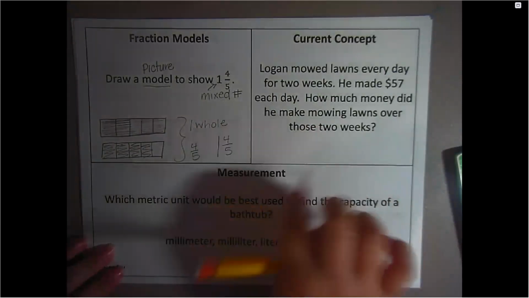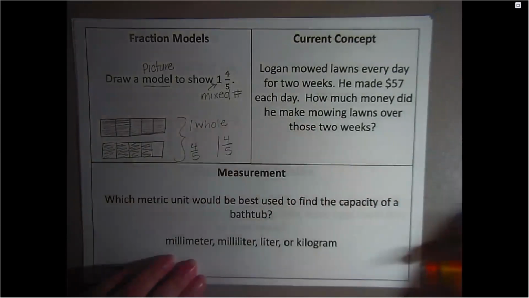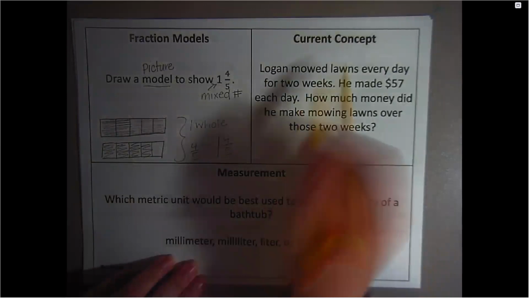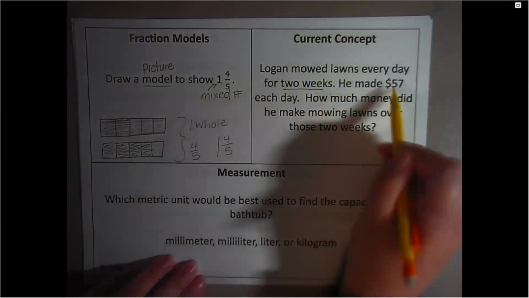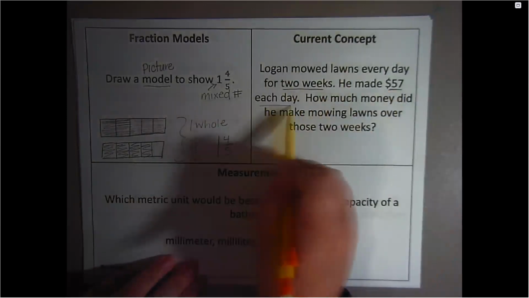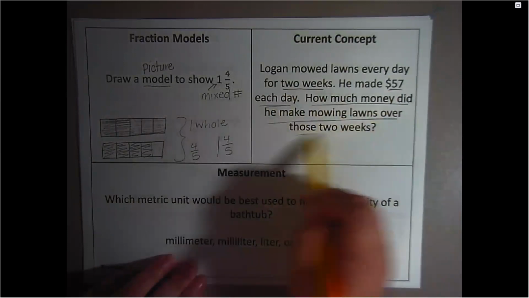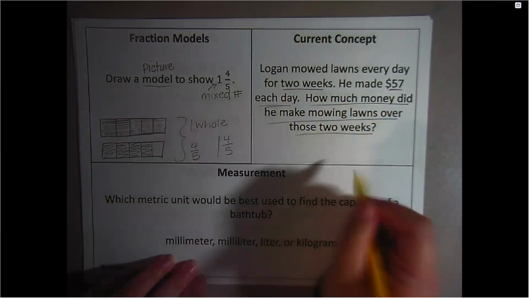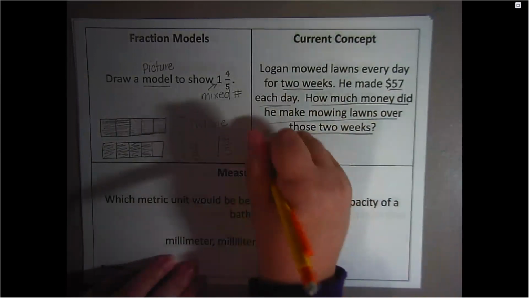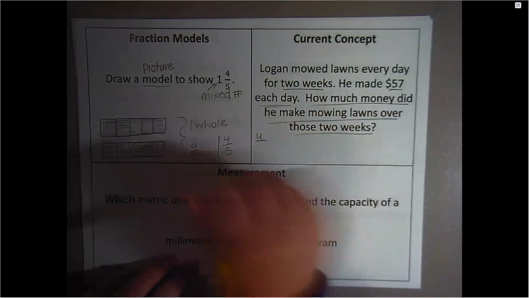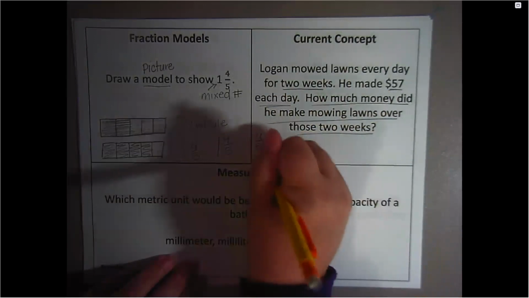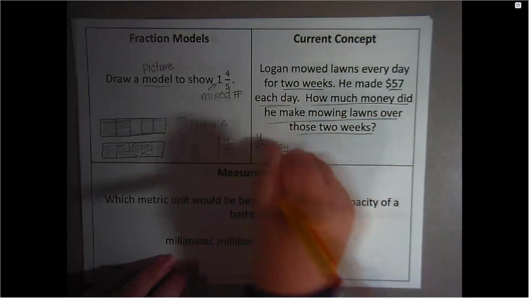Number 2, it says Logan mowed lawns every day for 2 weeks. He made $57 each day. How much money did he make mowing the lawns over those 2 weeks? So my understanding is he made $57 a day each day for 2 weeks.